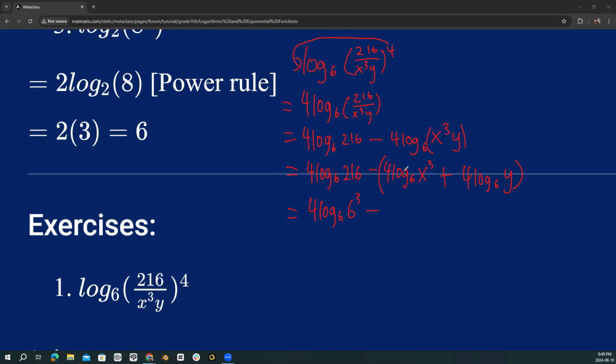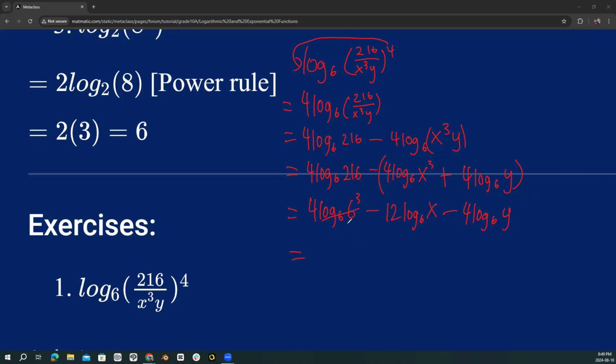So this becomes 12 because we're moving the 3 and there's already a 4 here, so we're just going to multiply, which gives us 12 log 6 of x minus 4 log 6 of y. Okay, and now we can just further simplify.